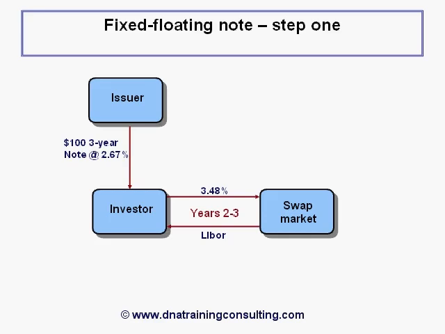Unfortunately, this brings the coupon in year 2 and 3 all the way down to LIBOR minus 81 basis points, which would be unattractive to the investor in its current form, to say the least.